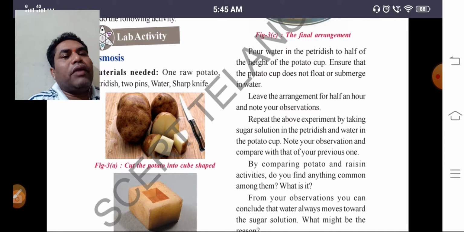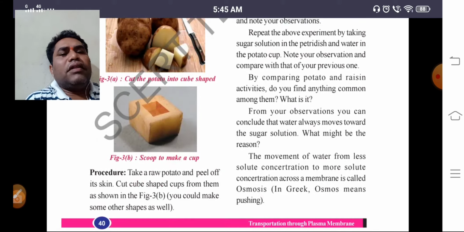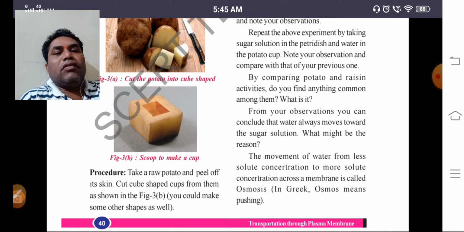By comparing the potato and raisin activities, do you find anything common among them? What is it? From your observation, you can conclude that water always moves toward the sugar solution. What might be the reason? Here the movement of water from less solute concentration to more solute concentration across a membrane is called osmosis.